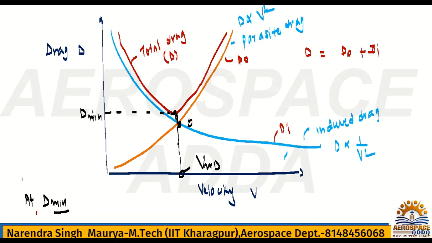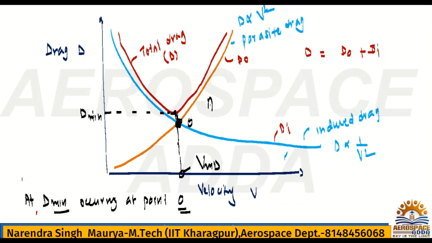So D min is occurring at point O. Yes or no? At point O, the two lines, parasite drag line and induced drag line, are crossing each other.